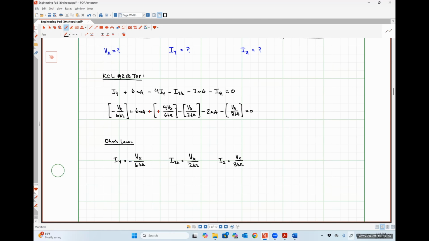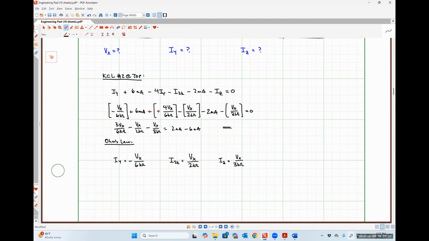So I have 4 Vx over 6 kilo ohms minus Vx over 6 kilo ohms, which looks like 3 Vx over 6 kilo ohms, minus Vx over 2 kilo ohms minus Vx over 3 kilo ohms is going to be equal to 2 milliamps minus 6 milliamps, right?